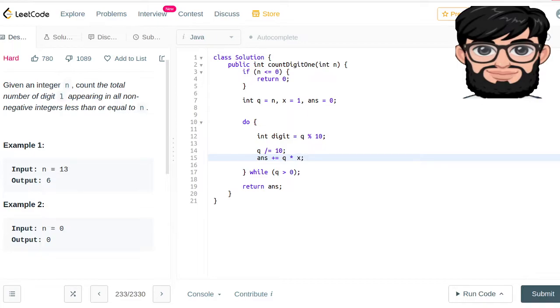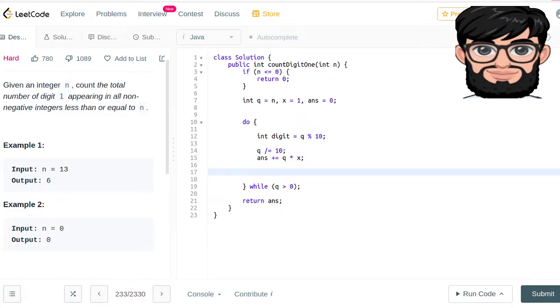Every single time we're removing one least significant position of that number, so we're dividing it by 10. So that's gonna be the answer.